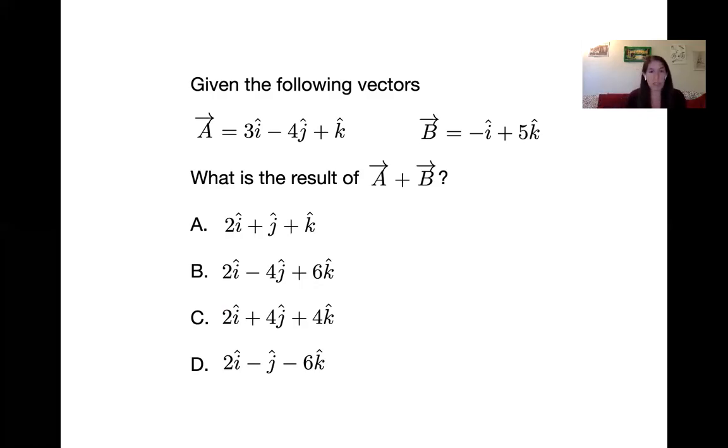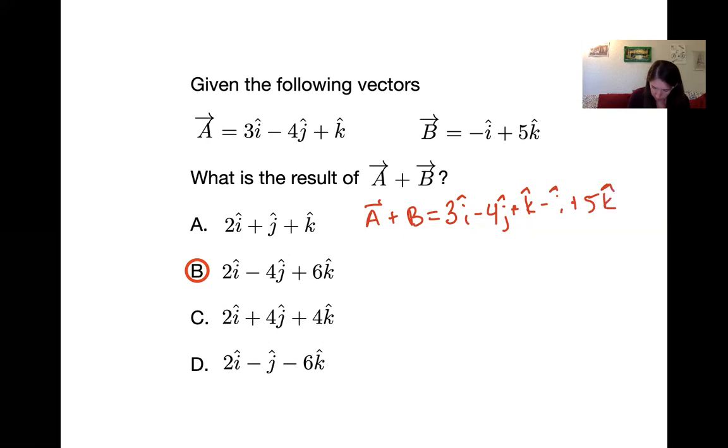All right, so what's the answer? The answer is B. And how did we get to that? Let's just do it quickly together. A plus B is equal to, and I'm just going to copy this whole thing down, where this first part is just A, and then I've added B. And now what I want to do is collect the i hat terms.